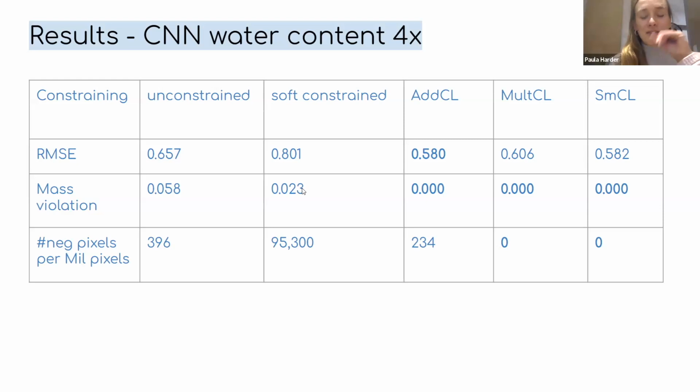But it's very sensitive to the factor, and if I want to match the root mean squared error of the unconstrained one, I wouldn't really decrease the mass violation. Why that is the case, I'm not really sure.